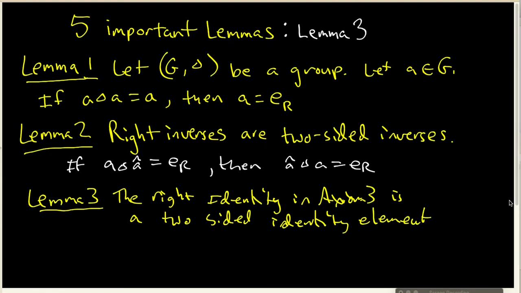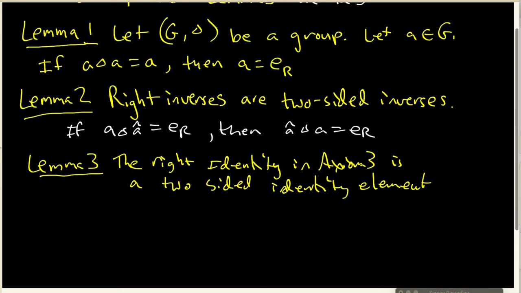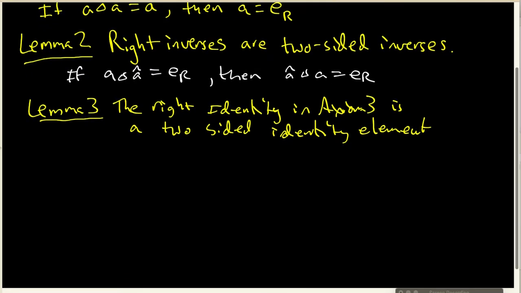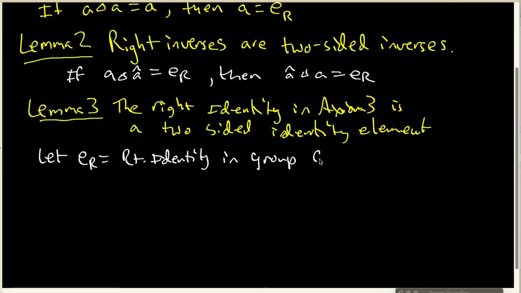And again, before proving this, I want to talk about what this really means in symbols. So what we're trying to do is show that the right identity is a two-sided identity. In other words, let's let ER be the right identity in a group G that's promised by axiom 3.